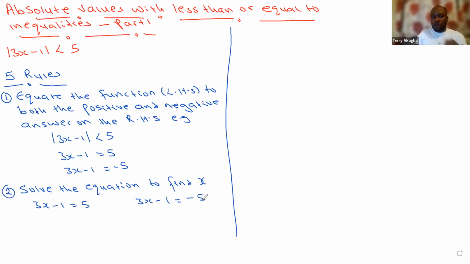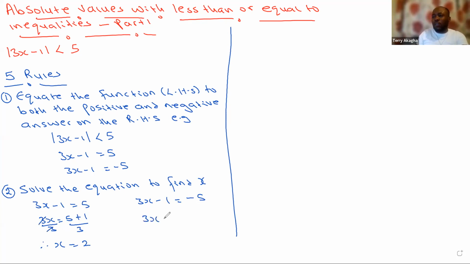To get x, I'll take 1 to the other side. So we have 3x = 5 + 1, then divide both sides by 3. So my x is going to be equal to 2. The same thing for the other one, I take 1 to the other side.